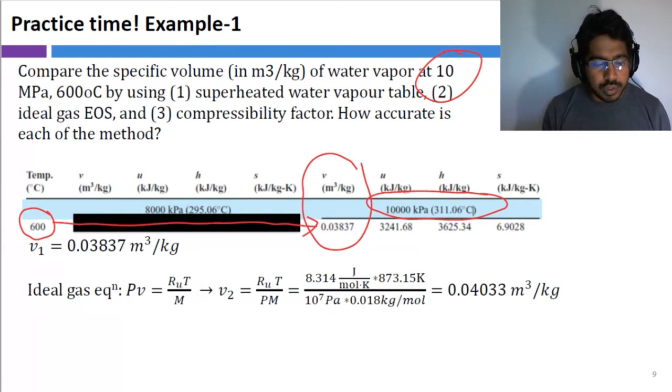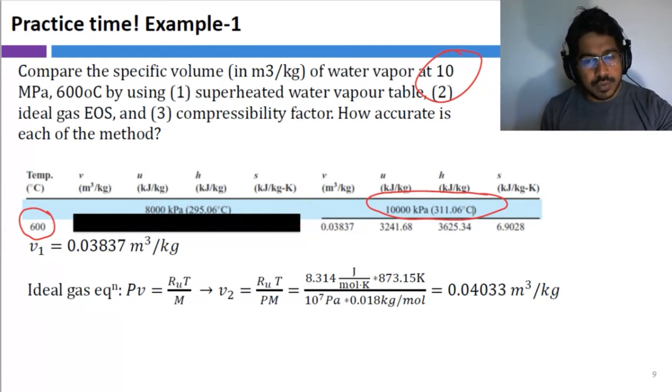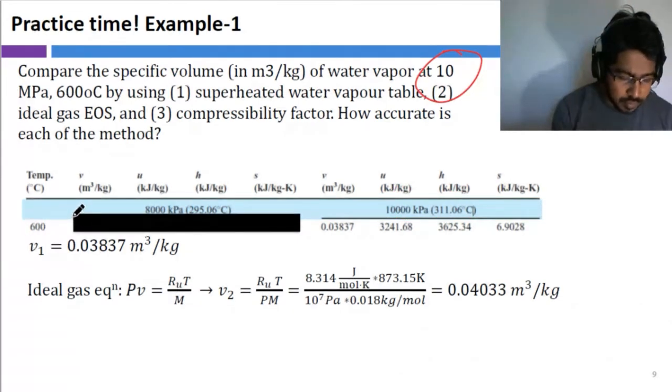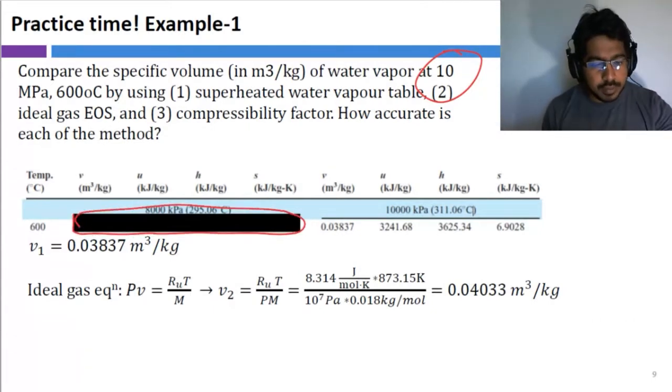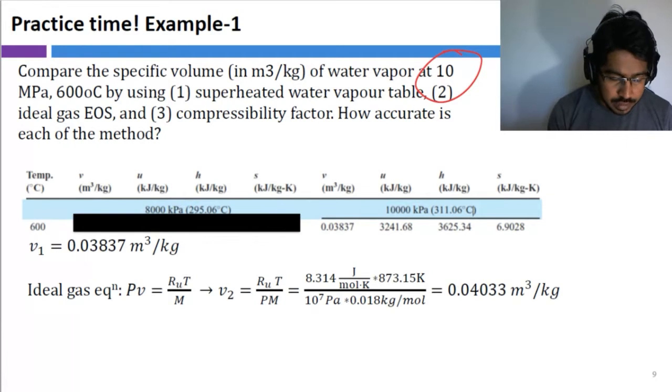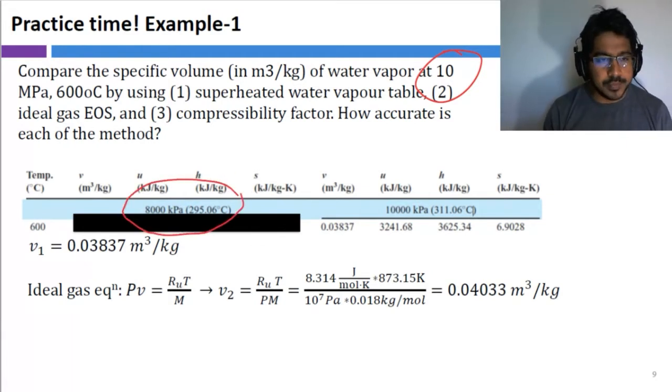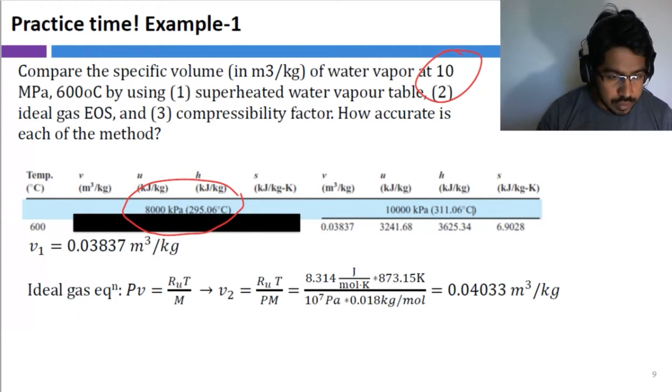It's very important to note that there's a portion of this property table that is blacked out by me, right? I just omitted this part. So what is this portion? It is the properties at 8,000 kilopascals. In the actual case, let's go real quick to our property tables.